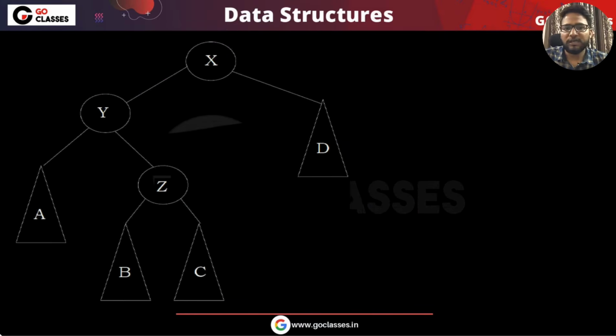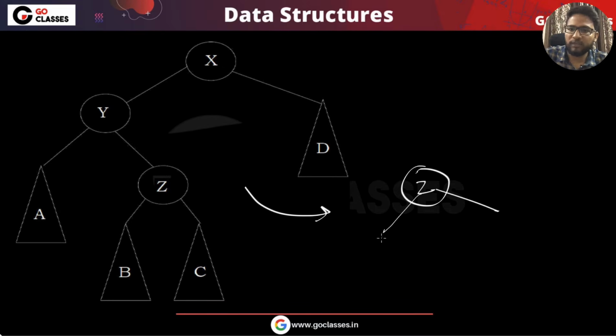Now let's take one more case where this is an elbow and you want to rotate this elbow to a mountain. You know that z will be on the top of this. Can you tell me whether y will come on the left of this or x will come? Let's suppose this is 1, this is 2 and this is 3.